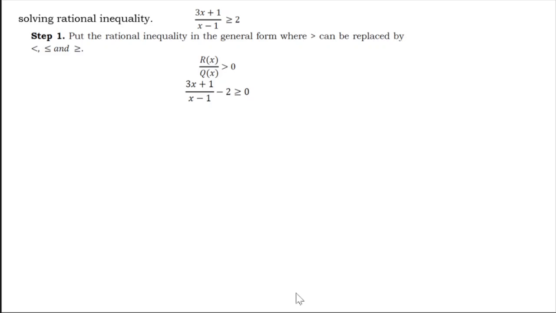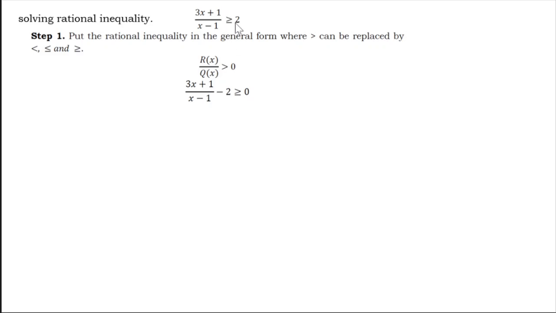So, first step, put the rational inequality in the general form where greater than can be replaced by less than, less than or equal, and greater than or equal. So, our general form is r of x over q of x greater than 0. But of course, it can be replaced by these. It depends on the given inequality.